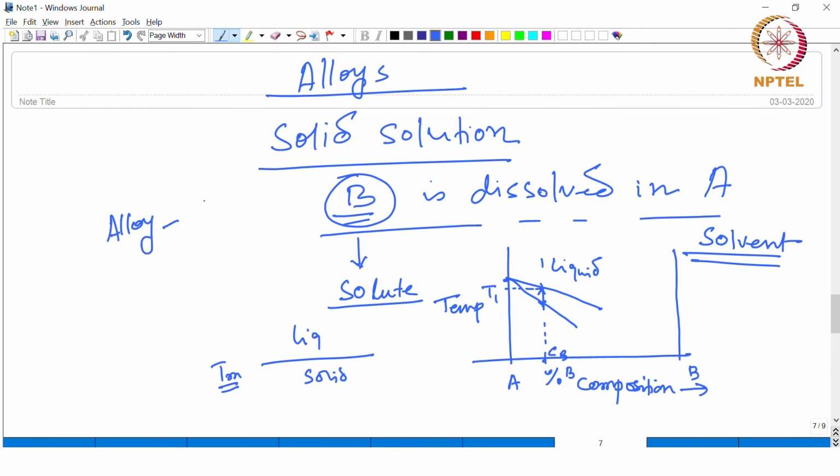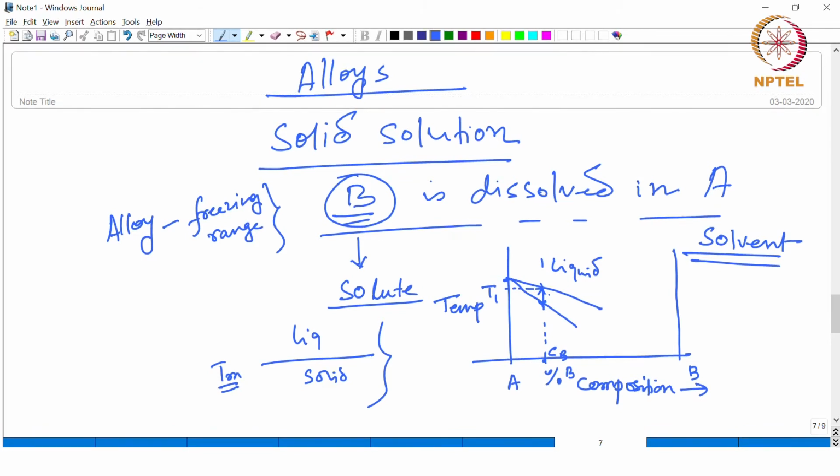So, that means the alloy has a solidification range which is known as the freezing range. Okay. So, unlike the pure metal, the alloy would solidify over a range of temperature, as you can see from here. Okay. So, that is the biggest difference between the solidification of a pure metal and an alloy, right.